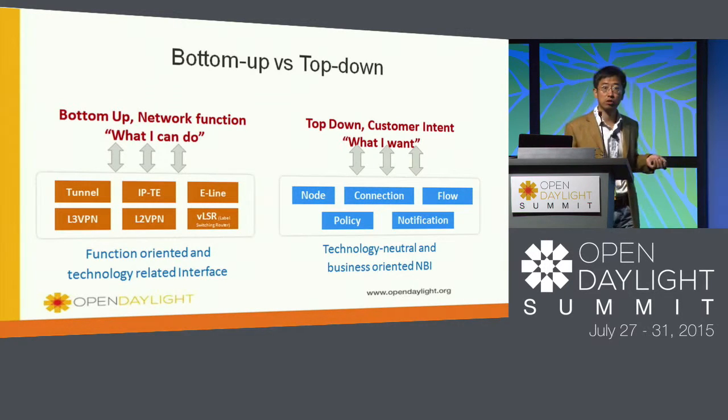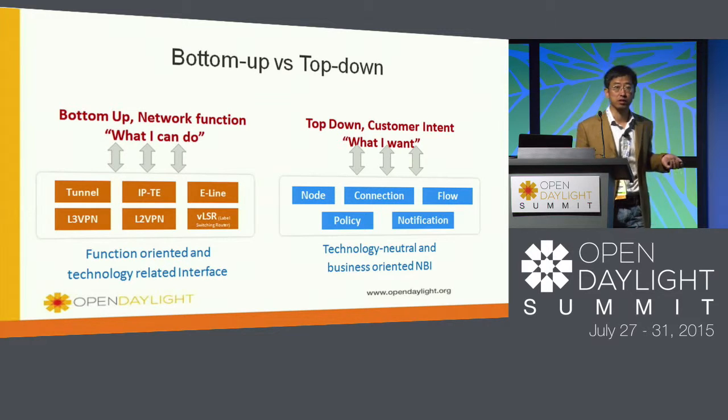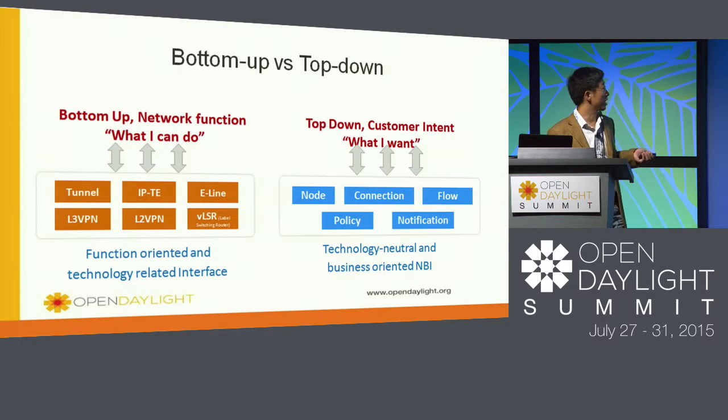Today, the network open interfaces, for example tunnel, TE, VPN, are lots of technical terms and network technical solution interfaces. But they are hard to use by the end user or the IT person. They don't know the difference between these network technologies.